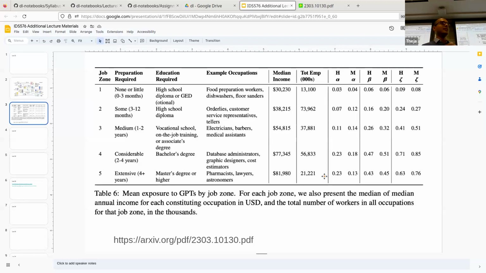It's just some slicing and dicing of the workforce. The columns here and the coefficients here are trying to capture the exposure level to GPTs. So the higher the number, the more exposure. You can see the numbers are increasing as a function of 1 to 5.